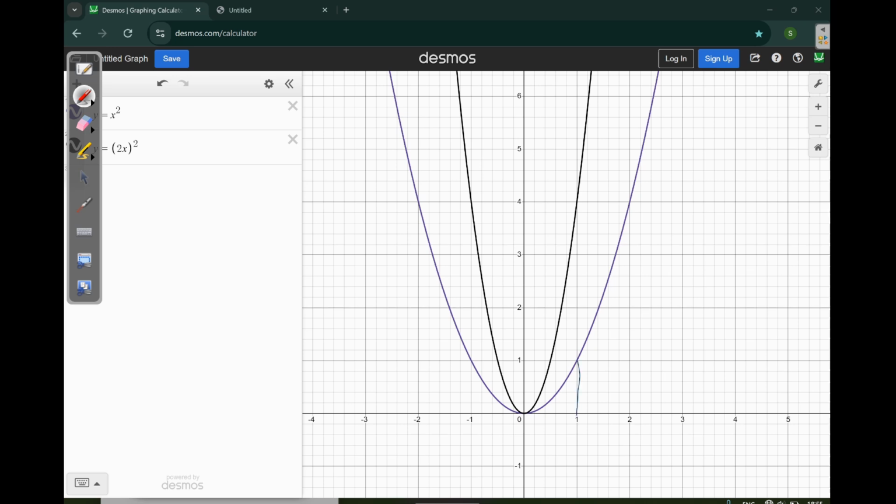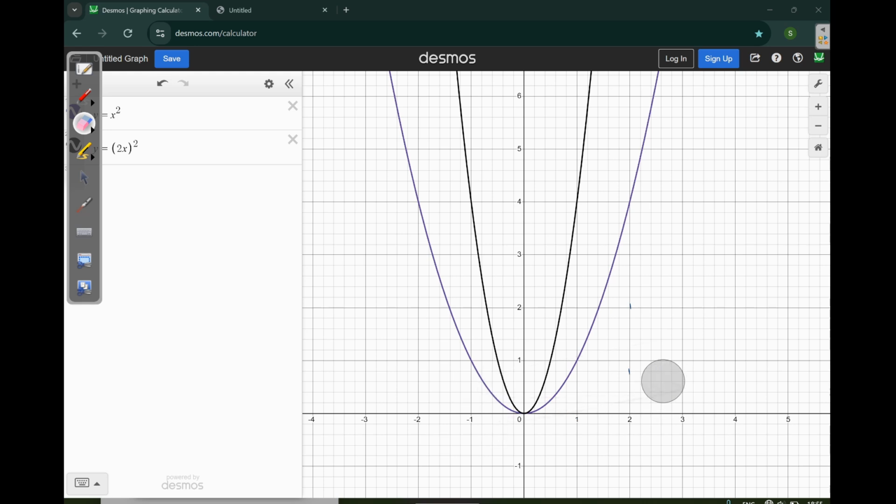Look at this x coordinate here, 1. The y coordinate is 1, but the x coordinate for the new one is 0.5. Or for the same y coordinate, 2 here, then this one is 4, but for the same y coordinate, the x coordinate here is 1. It has divided by 2, it diminishes.